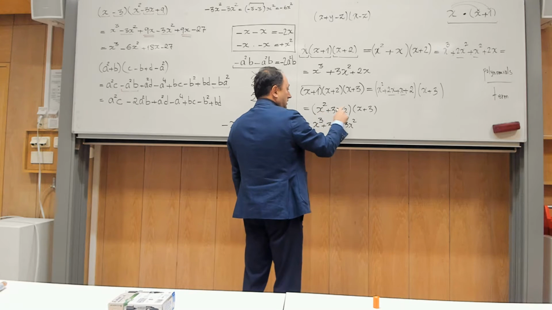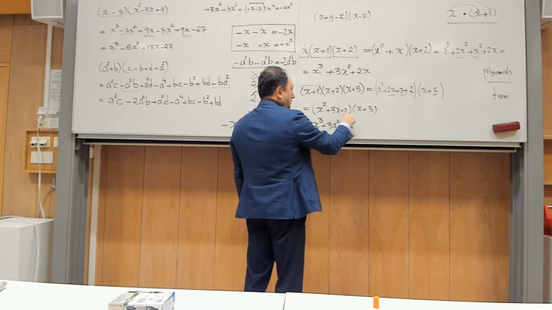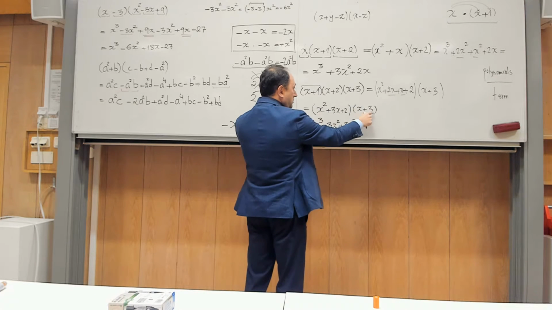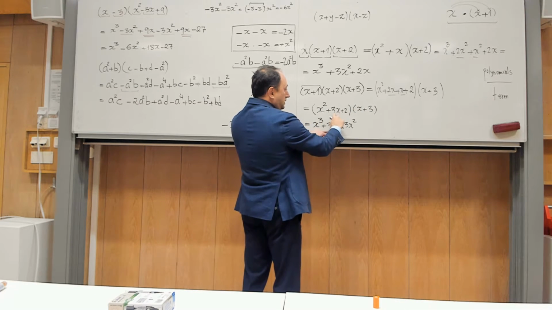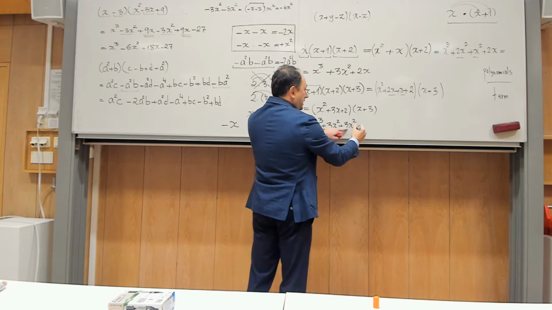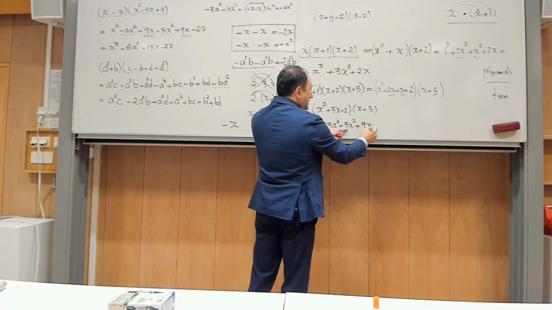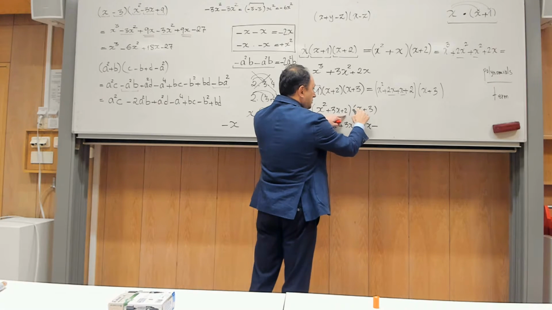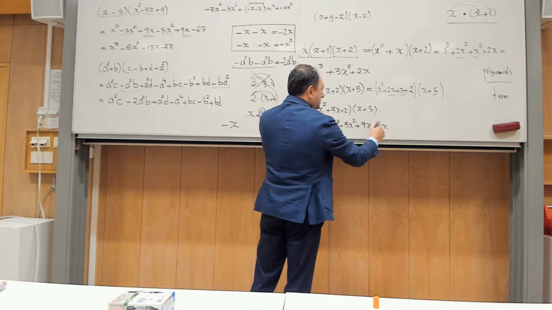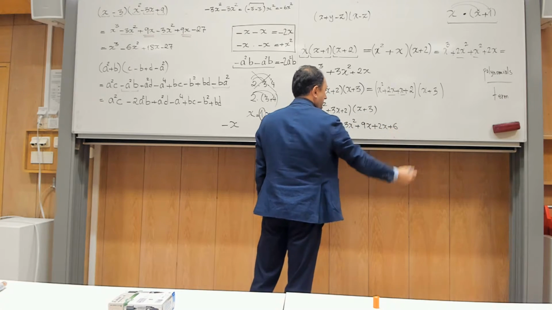So, where was I? I multiplied these three and then I reached. So I multiplied this by that, I multiplied this by this, these are the terms, and then I moved here, multiply this one, and then I multiply this 3x by that 3, it becomes positive 9x. This is also finished, I go to the other one, plus 2 times x is plus 2x, and then plus 2 times plus 3 is plus 6.